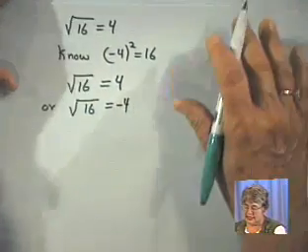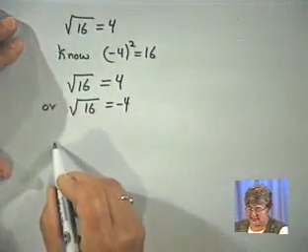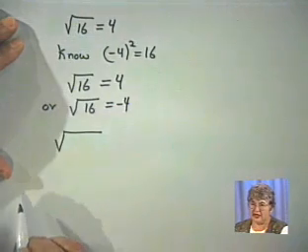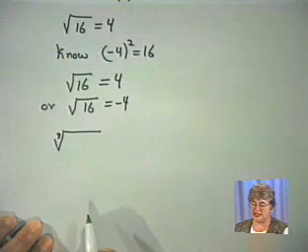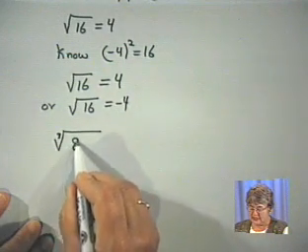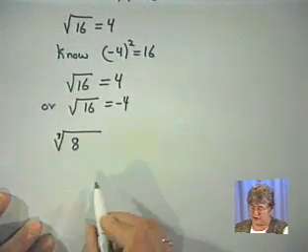Let's consider another radical, and this time we're going to put a little number there, which is a 3, on the radical of 8.